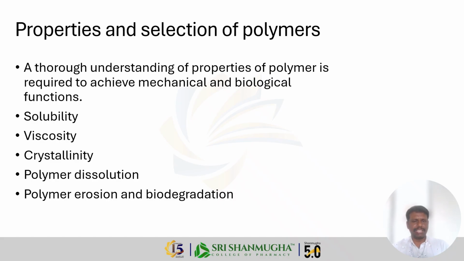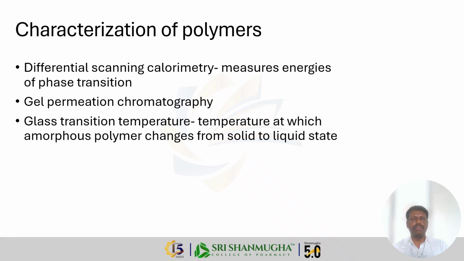These factors directly influence drug release rate and dosage form performance. So for property selection we have to focus on solubility, viscosity, crystallinity, polymer dissolution, polymer erosion, and biodegradation. Then in the next slide we discuss the characterization of polymers.